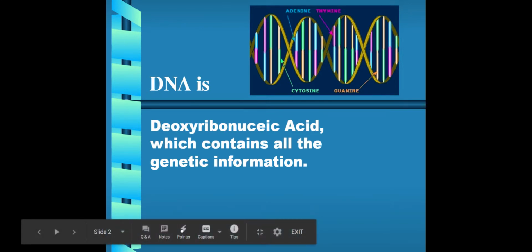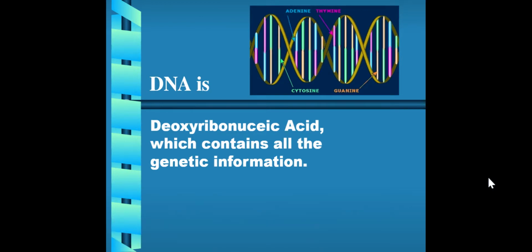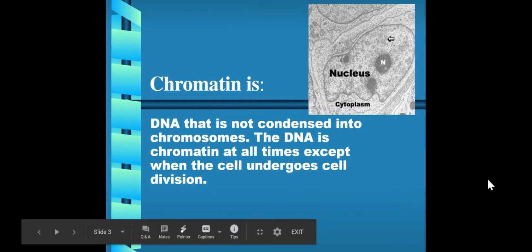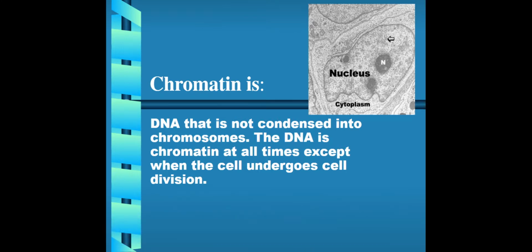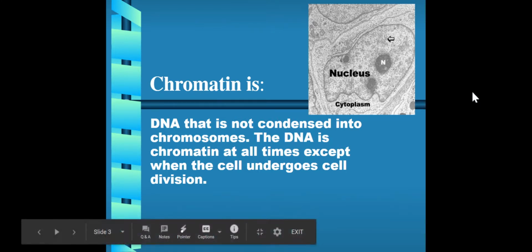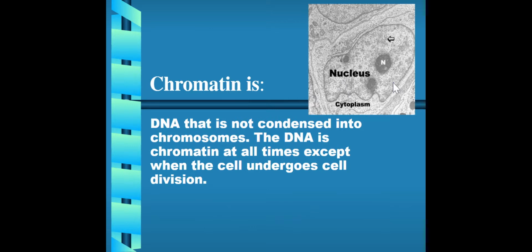So the DNA is in the nucleus of the cell where it's protected. And most of the time, it's called chromatin. So this is a picture right here of a nucleus of a cell, and you can't see what we typically call chromosomes. We'll talk about those in a moment. It's just this loose DNA, and it's so thin that you can't see a single piece of DNA.